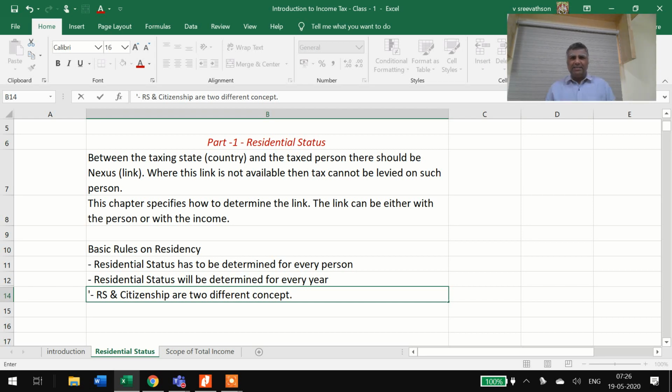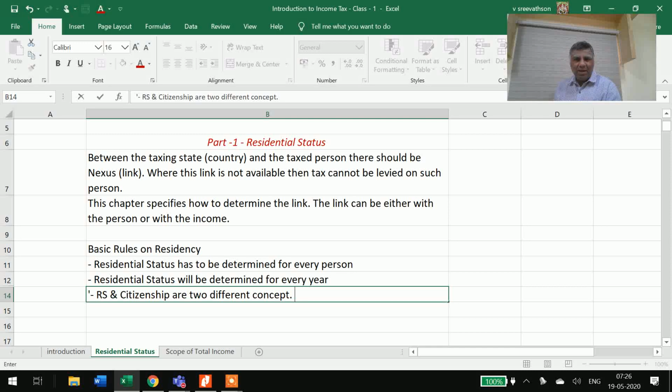Residential status and citizenship are two different concepts. Mostly citizenship is based upon place of birth. If you are born in a place, you are a citizen of that place; many countries have such a rule.